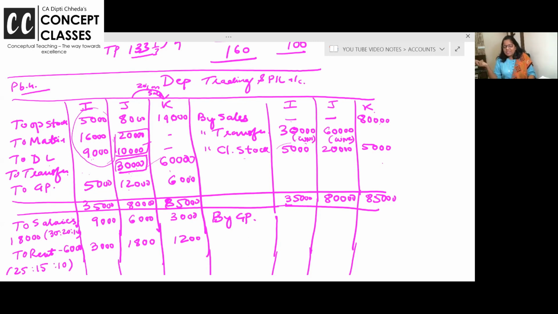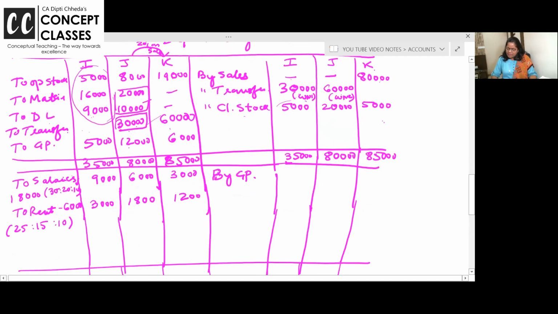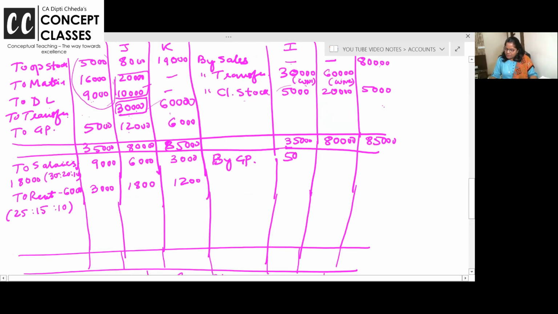But when it comes to K, sale is available; closing stock, opening stock available; purchase, wages, nothing, leave it. Why is there no material consumed? Because it's not processing. Whatever J is producing and giving, K is just selling in the market. So what is the GP? Bring it down. GP is 5,000, 12,000, 6,000.